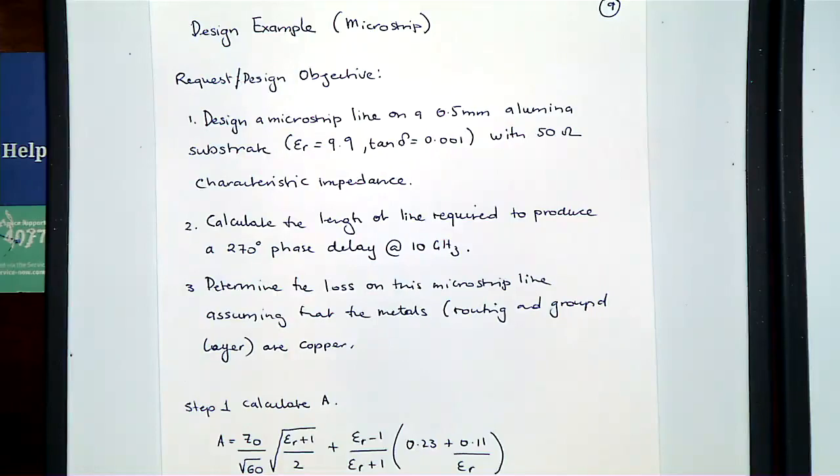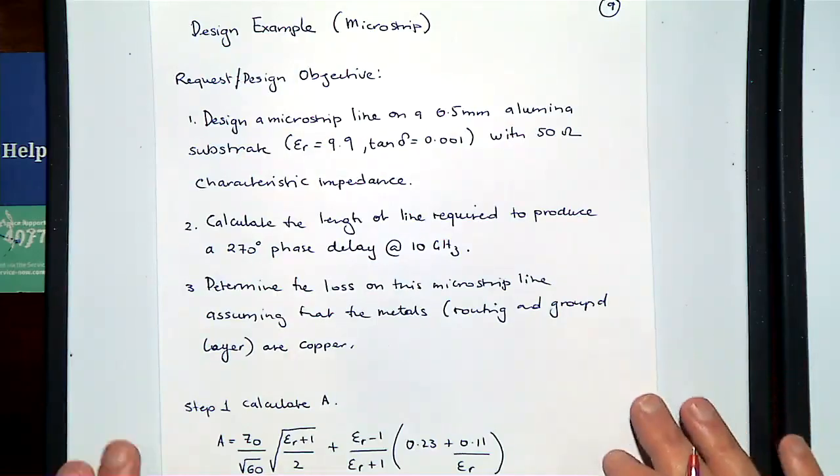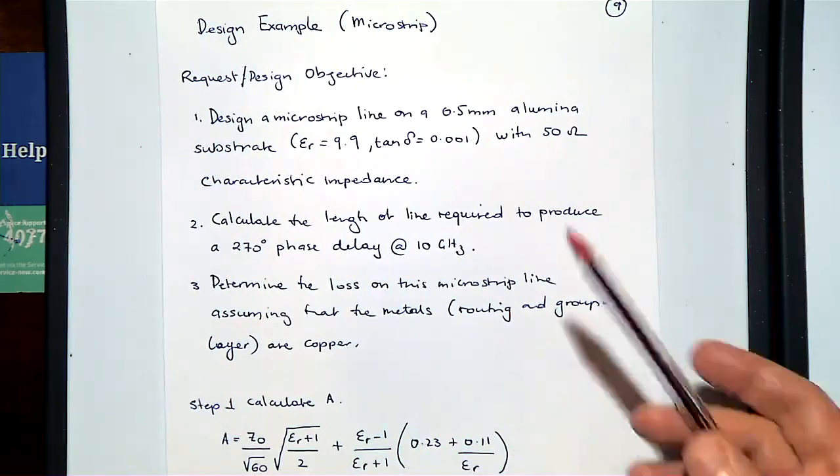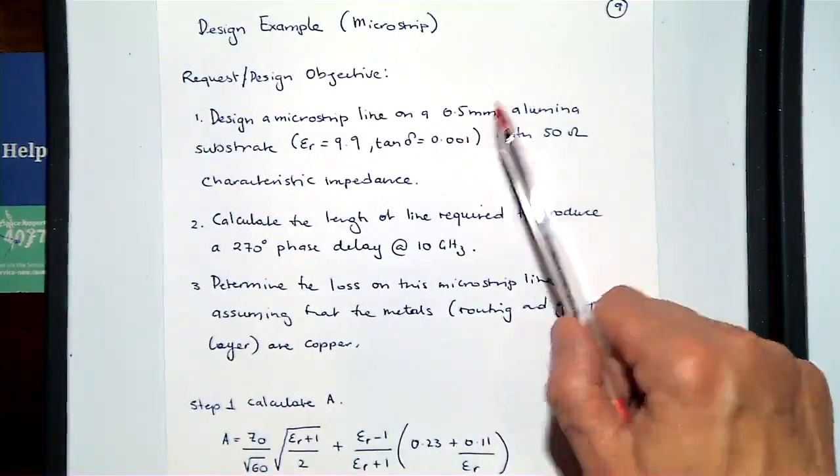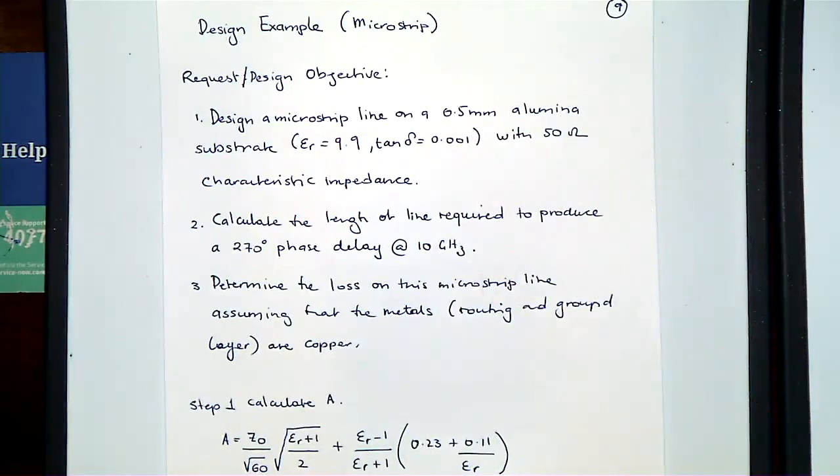And somebody says to you, for argument's sake, we want you to design a microstrip line on a substrate. In this particular case, it's an expensive substrate. It's actually an alumina substrate. Usually, if you're designing something, you'd probably be given FR4 to design with, because that costs roughly 10 cents per square inch, whereas alumina is probably going to cost you $3 to $4 per square inch.